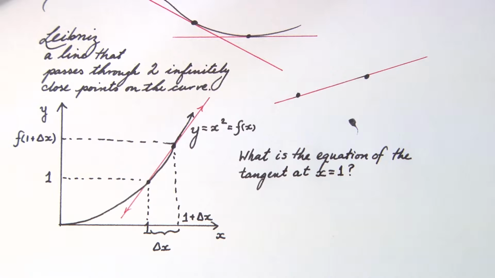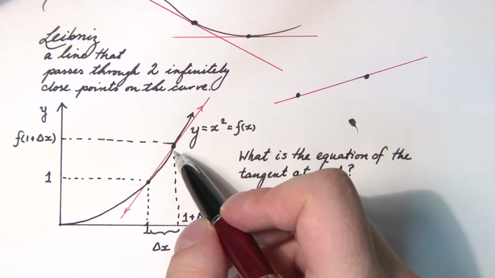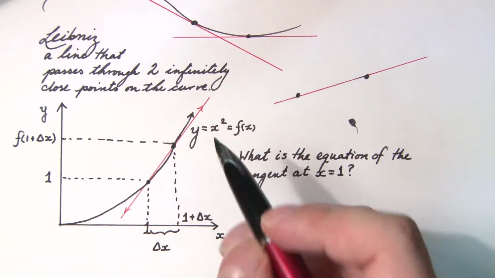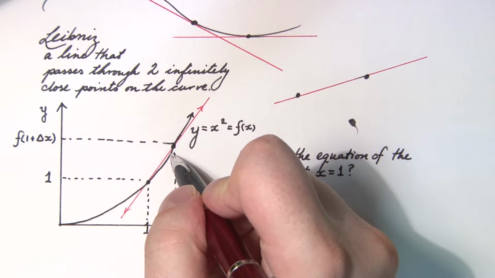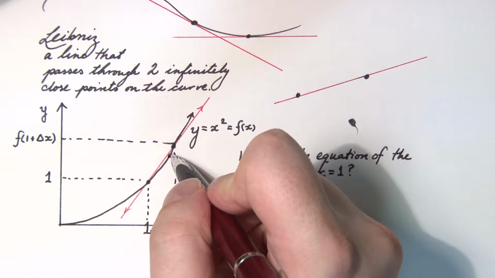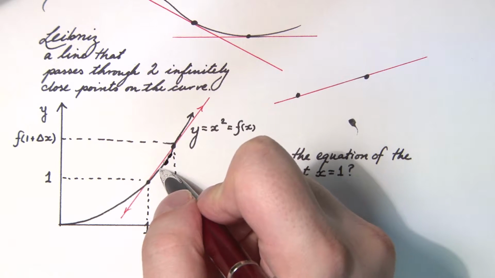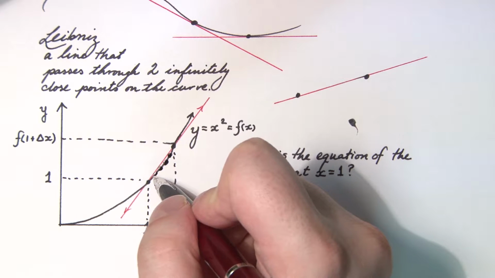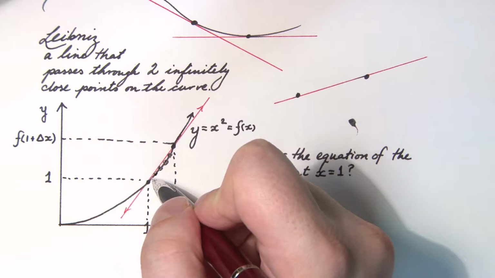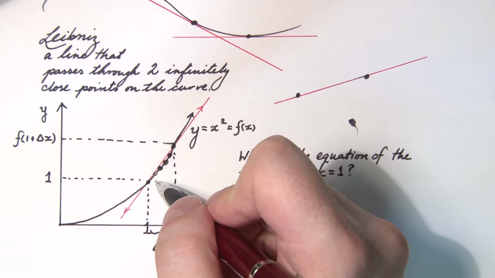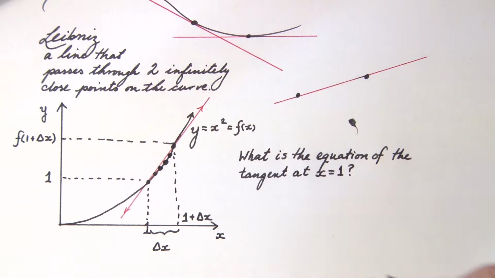So what he does is, if we want the tangent, he starts to move this point really close. We can start to walk that closer until we get really, really close. We're taking it to the limit. So we're letting it approach 1. So it's getting really small.